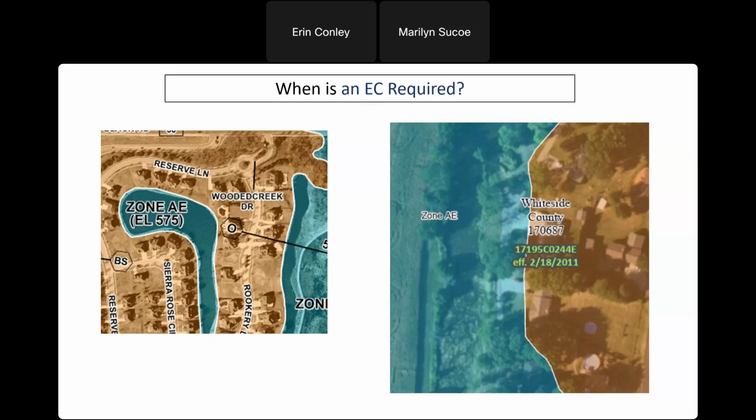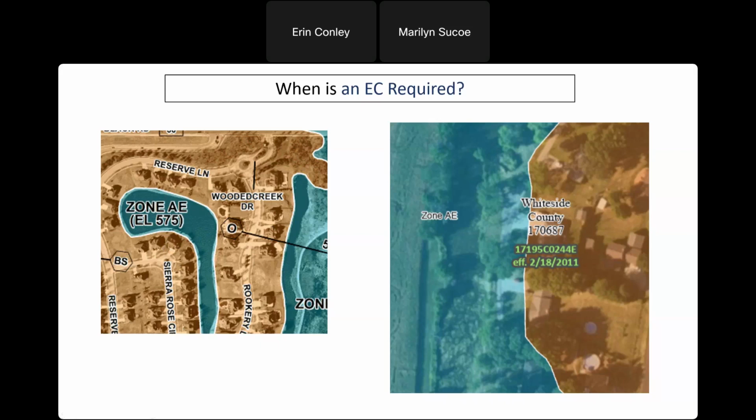But as you work your way around and look at Sierra Rose Circle, for example, you see some homes that might be getting closer. It's hard to know if decks extend closer to the floodplain. So there is a bit of a judgment call whether an elevation certificate would help that person get a LOMA, for example, to not be required to carry mandatory flood insurance.